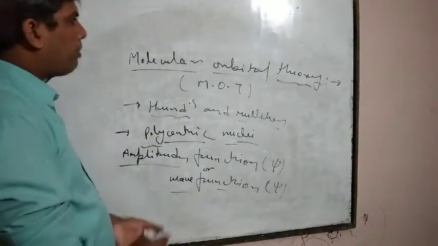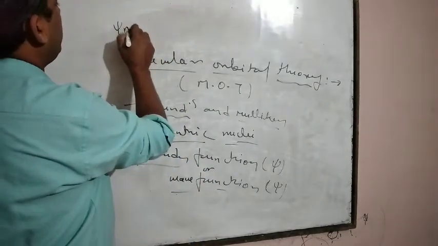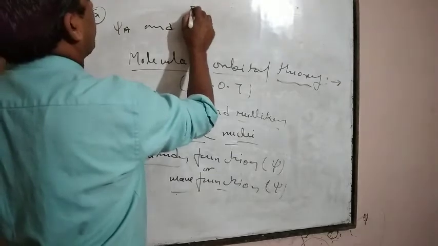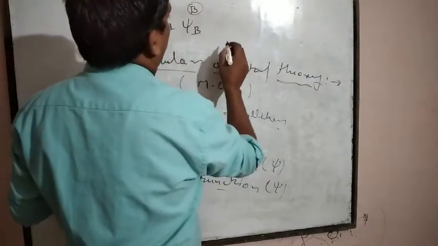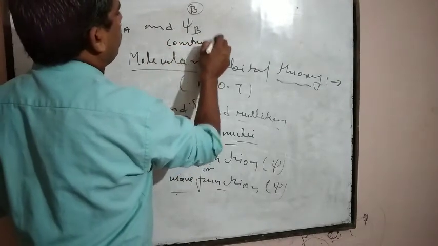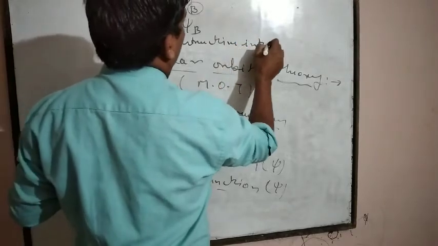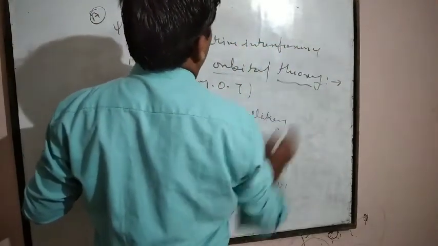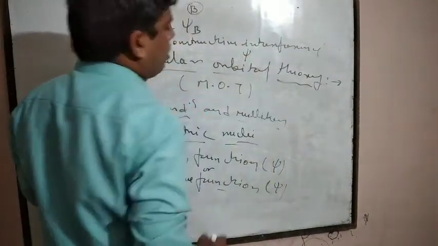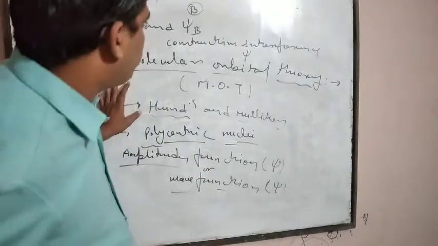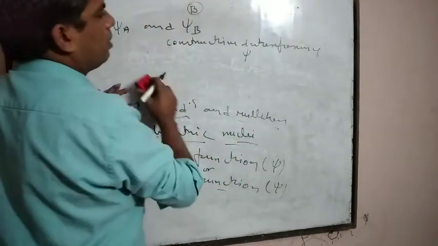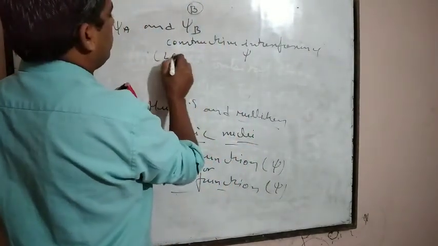If two atomic orbitals are present, like psi a and psi b, this one is atomic orbital a and this one is atomic orbital b, then due to constructive interference, a bonding molecular orbital will form with the help of linear combination of atomic orbitals, known as LCAO.